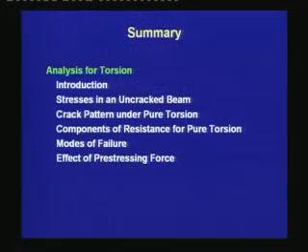Next, we moved on to study the crack pattern under pure torsion. What we have observed is that in a rectangular section, the cracks first occur at the mid depth of the longer side. With increasing torque, there will be cracks at mid depth of the shorter side, and with further increase in the torque, the cracks get connected and they form a circulatory pattern around the beam.